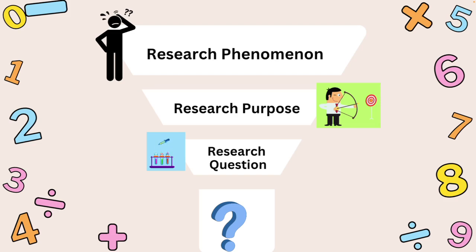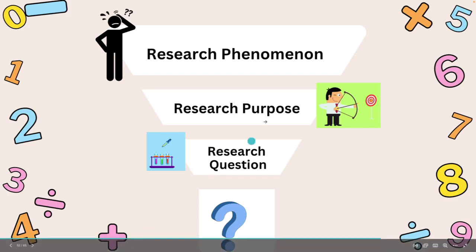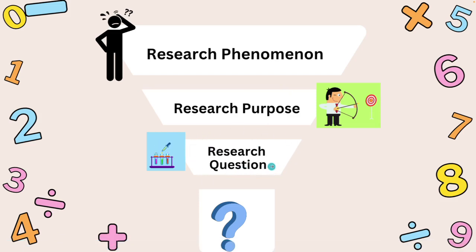And then in that big problem, there might be a very specific purpose you have, where to reduce burnout among teachers. And so you develop a research question as it relates to that. What that means is that you're going to get very specific in terms of what is the outcome variable and what is the predictive variable that you're going to be looking at.